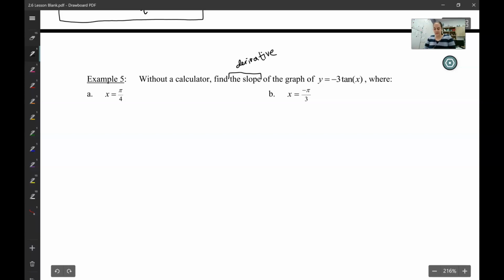This is derivative at a single point, or I should say slope at a single point, which would be instantaneous rate of change, which is derivative. So that means I want to find the derivative of this equation and then plug this point in.